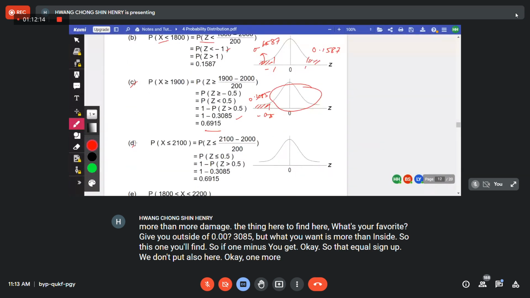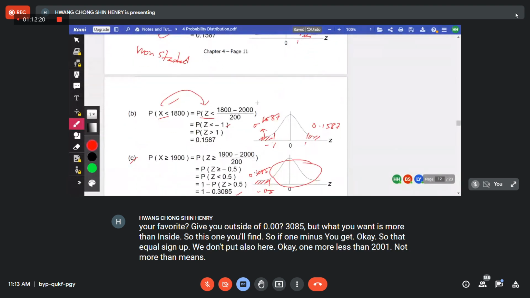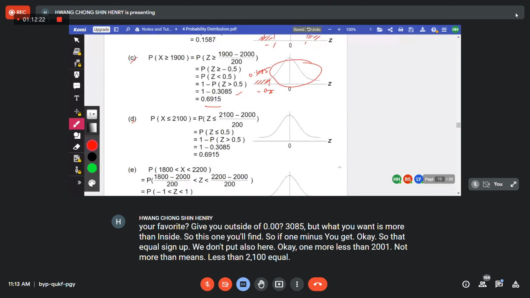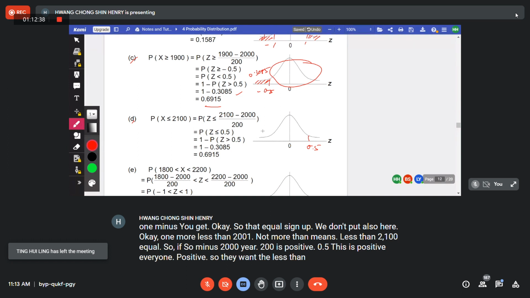Okay, one more. Less than 2001. Not more than, means less than or equal to 2001. So you can put the equal sign there. So 2001 minus 2000 divided by 200 is positive 0.5. This is positive, everyone. So they want the less than. Careful.